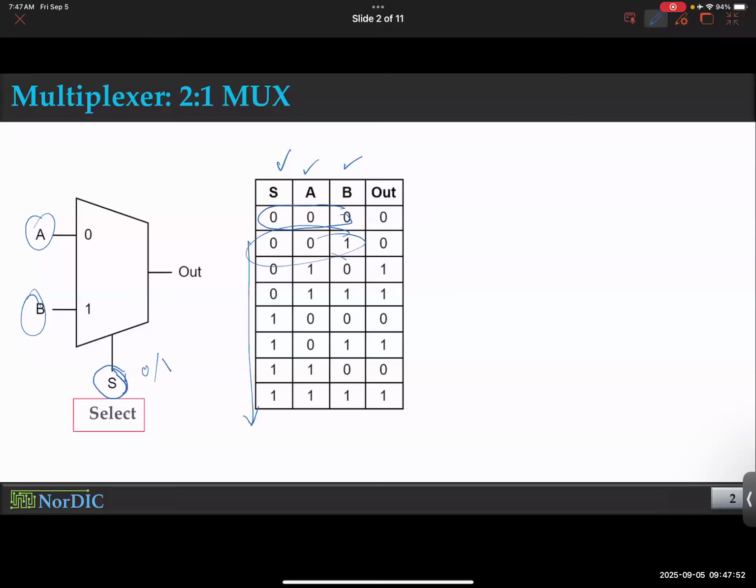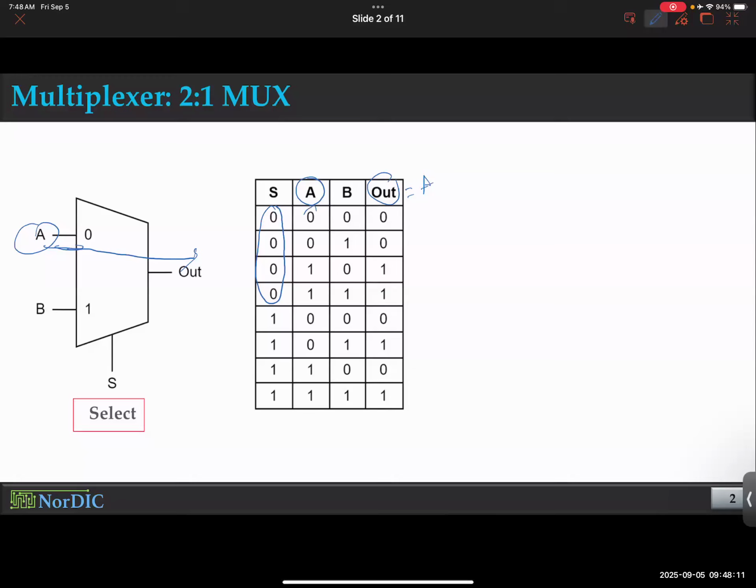Let's take a look at the output logically, without going through the math and everything. As long as your select signal is 0, whatever you have in A should be at the output. So your output should be exactly what A is.